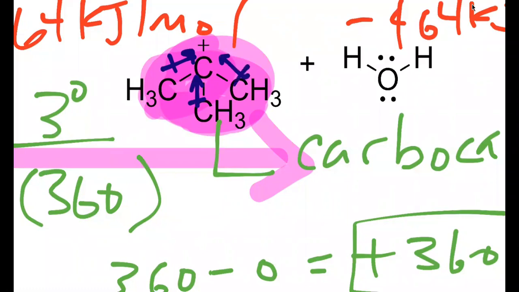So it's very stable. The more carbons you have around that carbocation, the more stable it is. When you start taking carbons away, then it becomes less stable. All right? That's just a little nugget for you because you're going to see that again a lot when we get to alkenes.